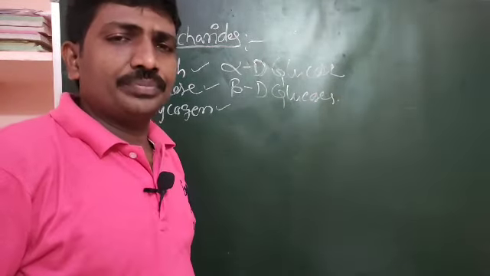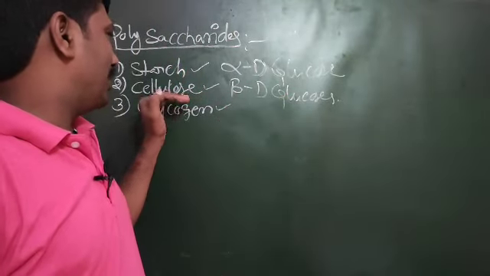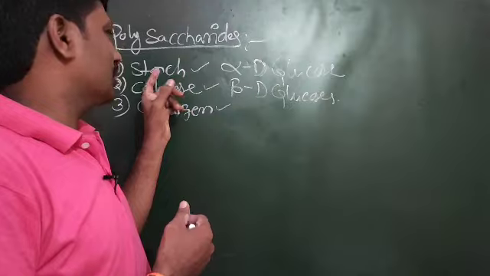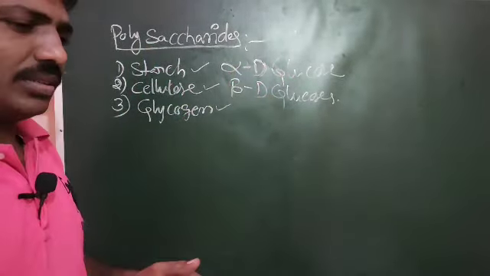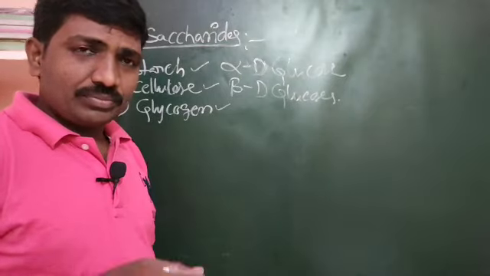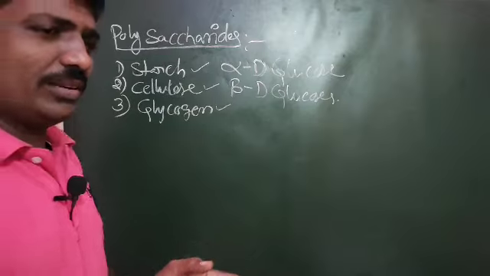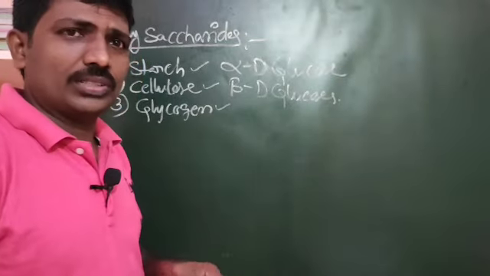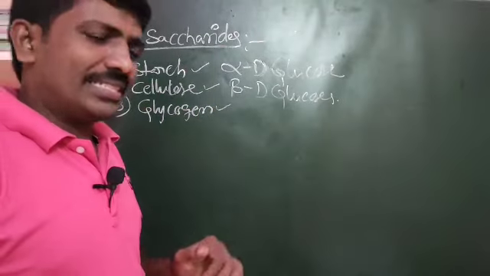The monomer in starch is alpha D glucose. Here starch forms from so many monosaccharides. Monosaccharide means single units of glucose. They combine together to form a big molecule, that is starch.